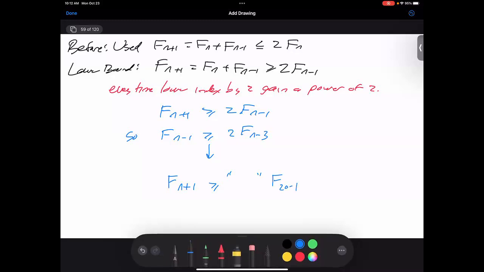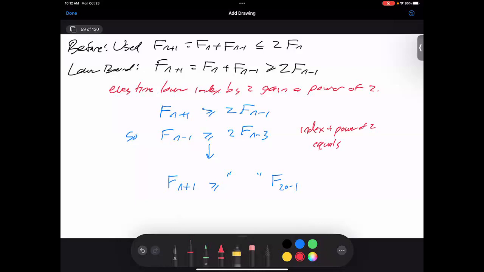And now, if we lower the index by, oh, sorry. What is the index plus the power of 2? Index plus power of 2 equals what? So here, 2 plus n minus 1 is equal to n plus 1.